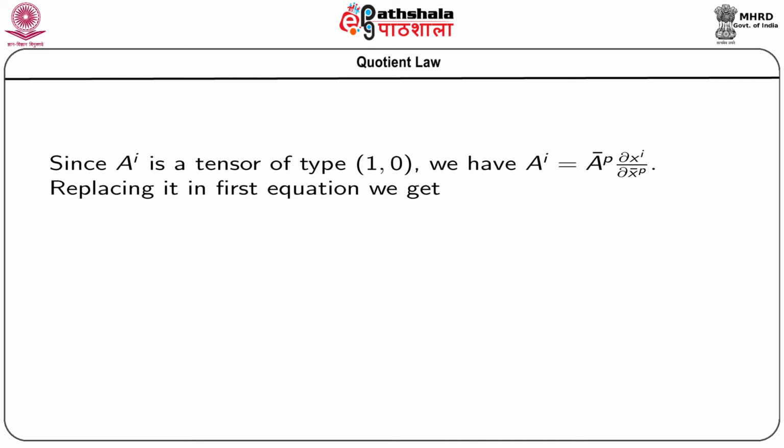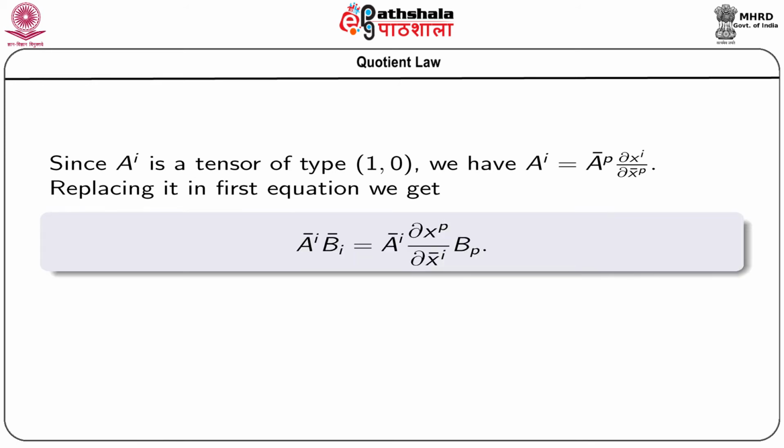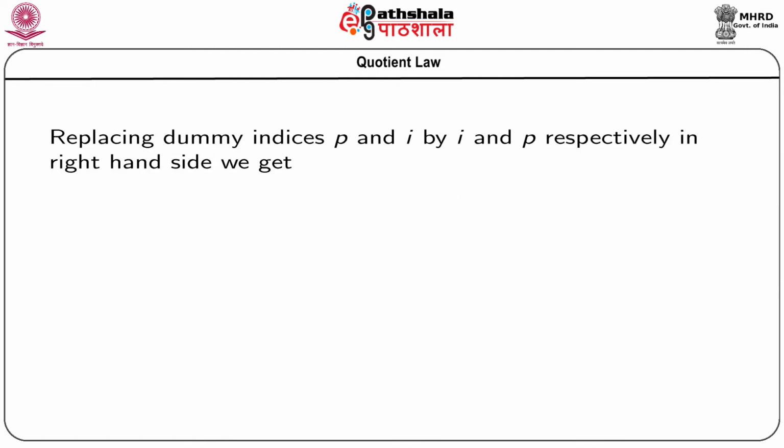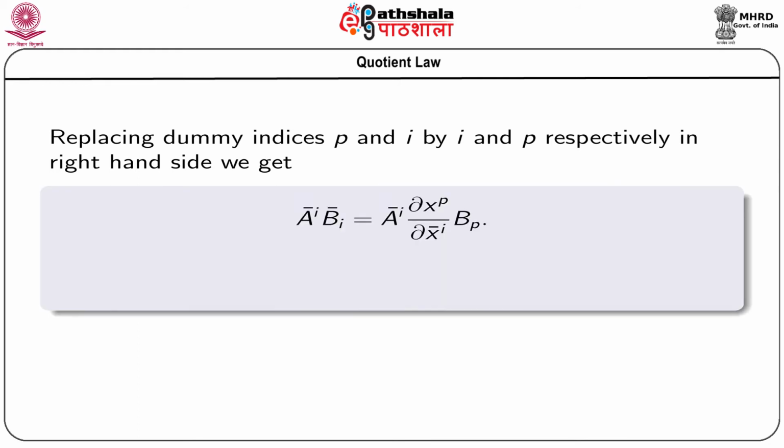Replacing it in the first equation, we get A bar^i B bar_i equals A bar^p del x^i / del x bar^p B_i. Now, replacing dummy indices p and i by i and p respectively on the right hand side, we get A bar^i B bar_i equals A bar^i del x^p / del x bar^i B_p.